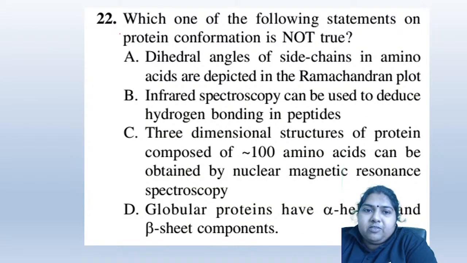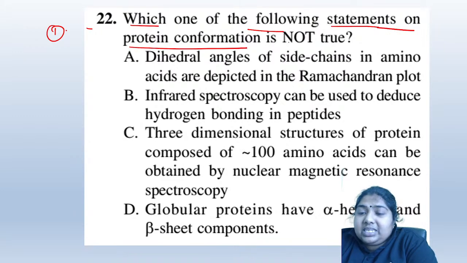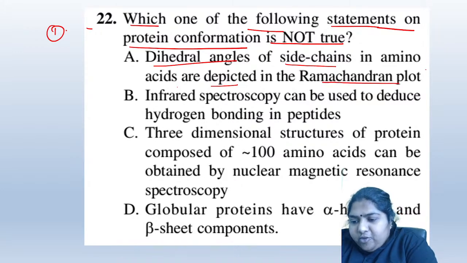Okay, come on everybody. The first question of the day. Which one of the following statements on the protein conformation is not true? Dihedral angles of the side chains in the amino acids are depicted in the Ramachandran plot. True or false?